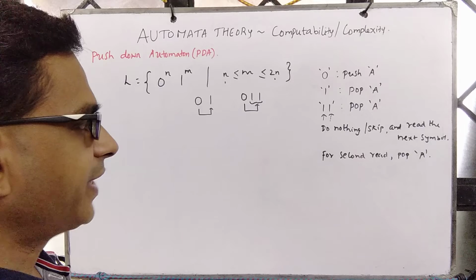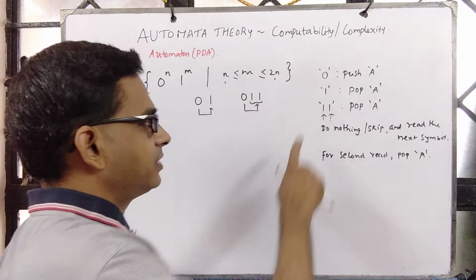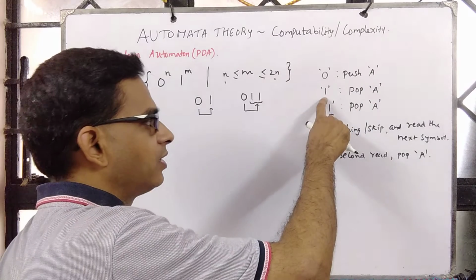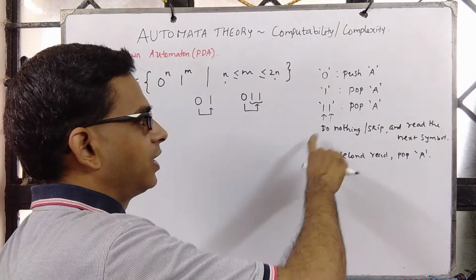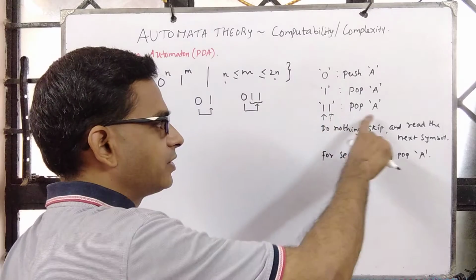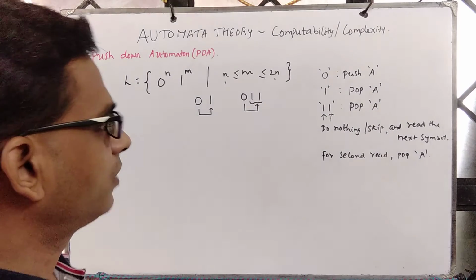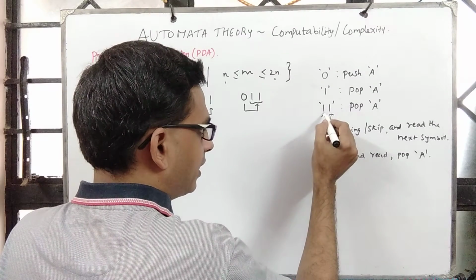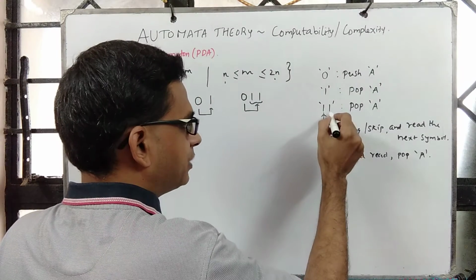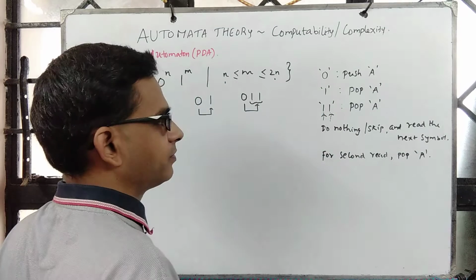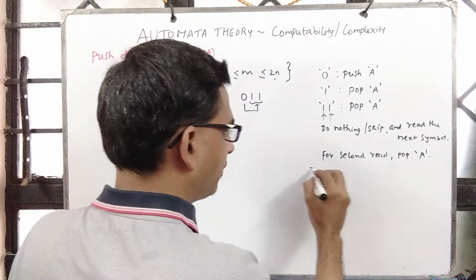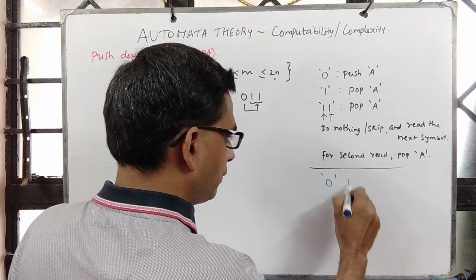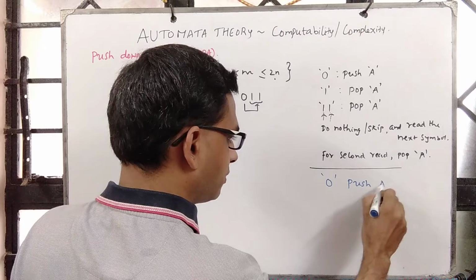So how do we formally write this part? The essence is this: when you see a 0, push A, and for 1 you pop this, and for 2 ones you pop this. Now this in turn tells you, for this one you do nothing, for this one you pop A out, but you are only reading one symbol at a time, which means for 0 it is push.